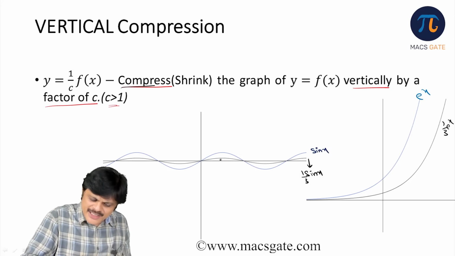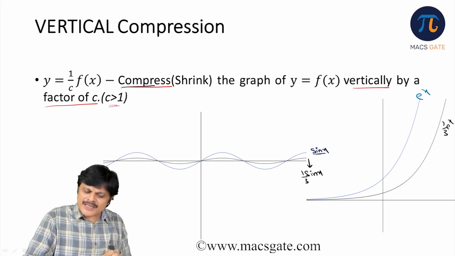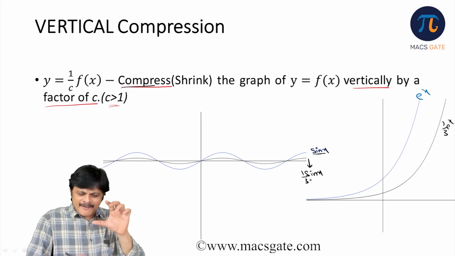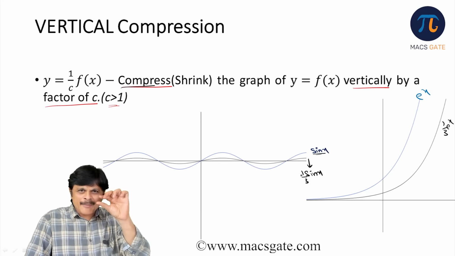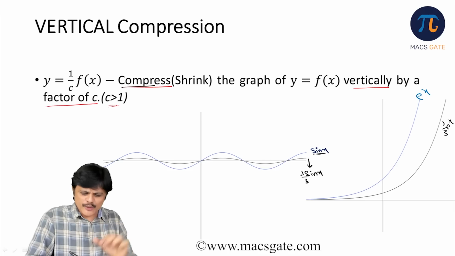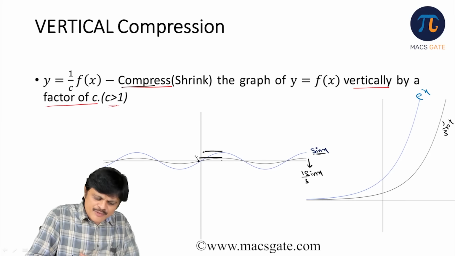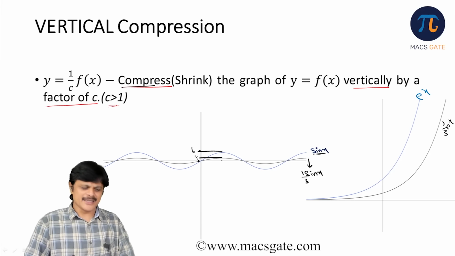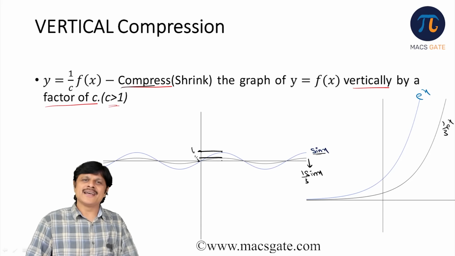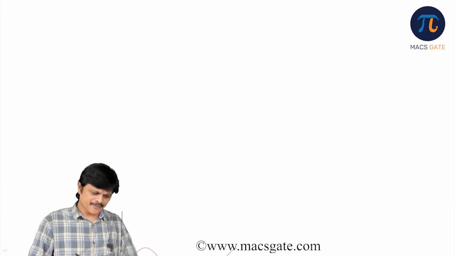See here also, sin x is the original one, and 1 by 3 times sin x is vertically compressed by a factor of 1 by 3. At x equal to pi by 2, sin x is 1, this would be 1 by 3, and this would be 1. So that is about vertical stretch and compression.